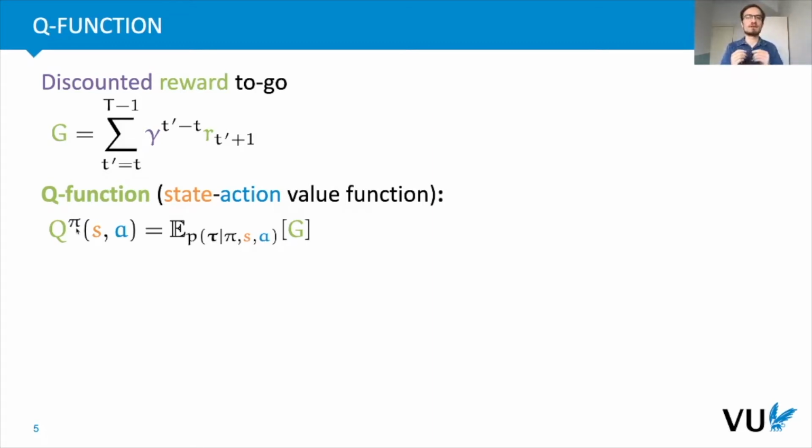It's because you take an action in a state, and after that, you're going to be executing your policy. Then we see what is the discounted reward to go that we expect after taking that action and then executing that policy. So if you would be computing the Q function for another policy, it would look very different, because you would be doing different things after taking that action in the state.